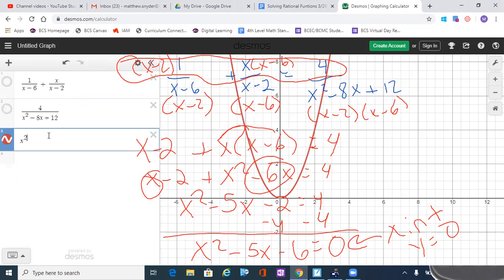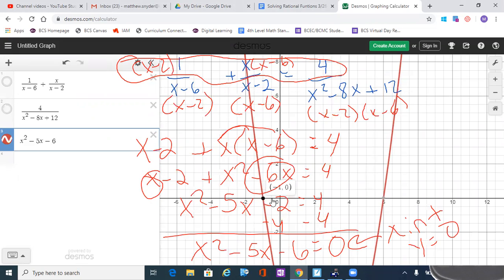I'm going to look for those x-intercepts, which is -1 and positive 6. So in order to solve this, we'd be looking at x equals -1 and x equals positive 6. Okay, and those are our answers.